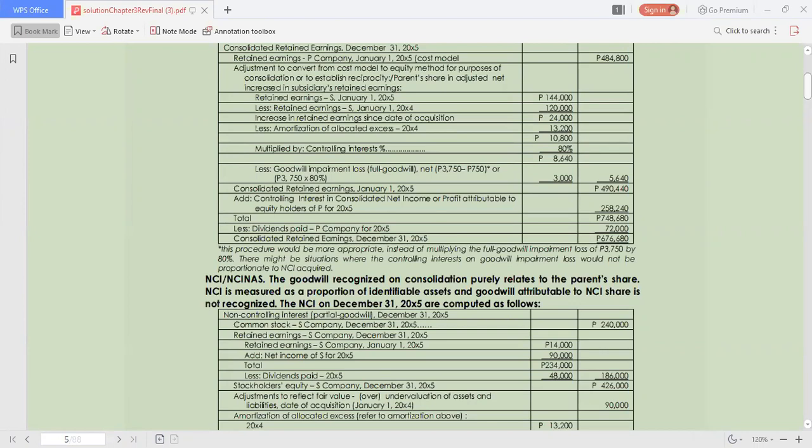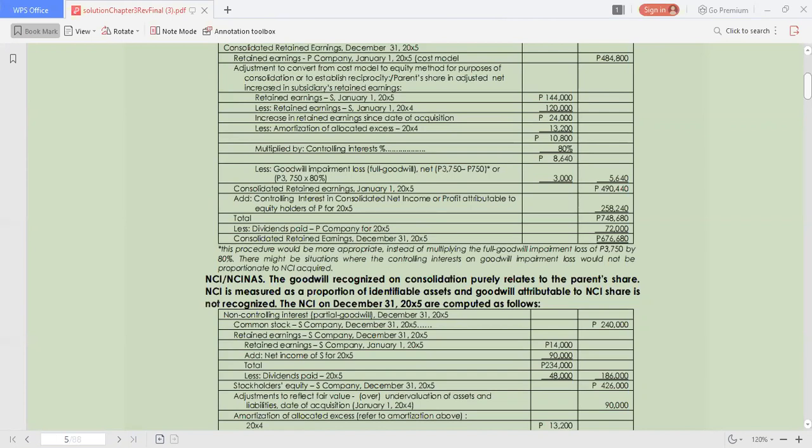So we have now the common stock of 240,000. Then we have the retained earnings of S company on January 1, 20x5 in the amount of 114,000. And we have now the net income for 20x5 for 90,000. Then we deduct dividends paid given of 48,000. Then we have 186,000.